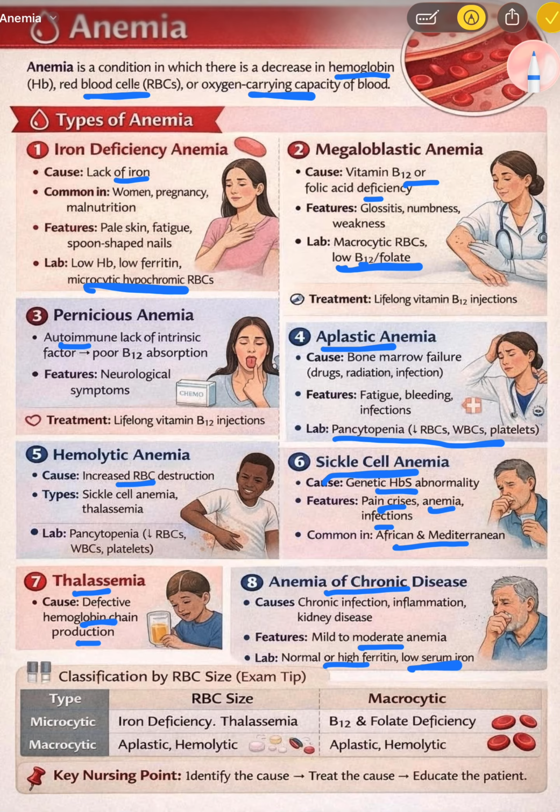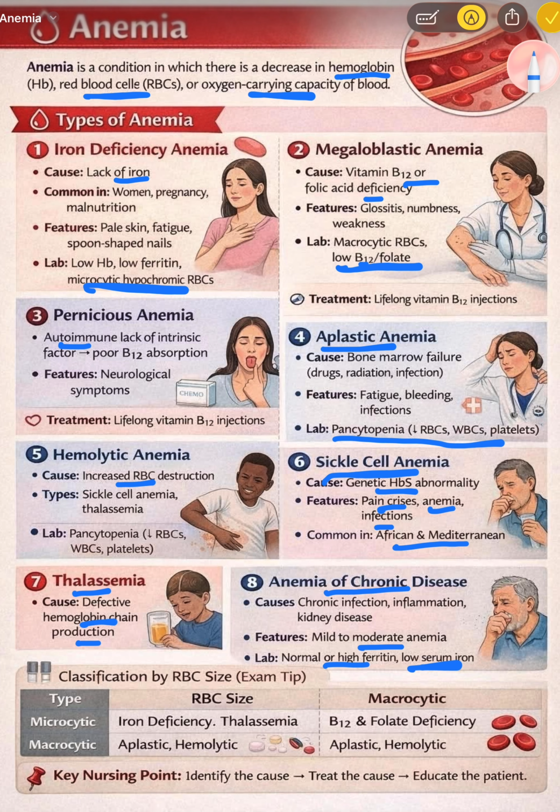Okay, so a random question is that a patient came with anemia, and we have done the CBC and the peripheral smear. On peripheral smear, there was microcytic hypochromic anemia, and on CBC the Hb was low. So what can it be? It can be iron deficiency anemia or thalassemia.